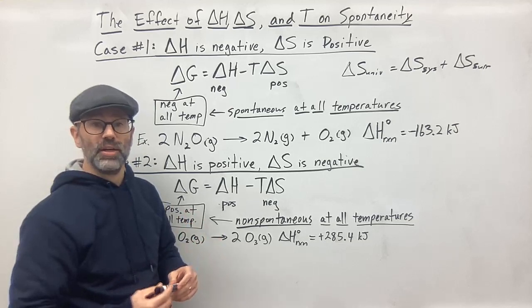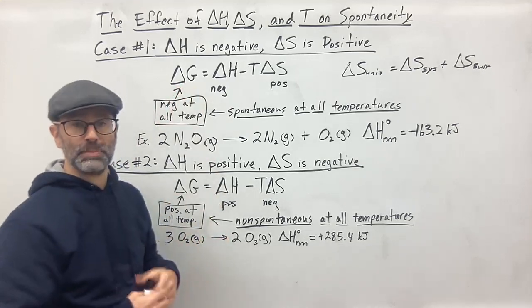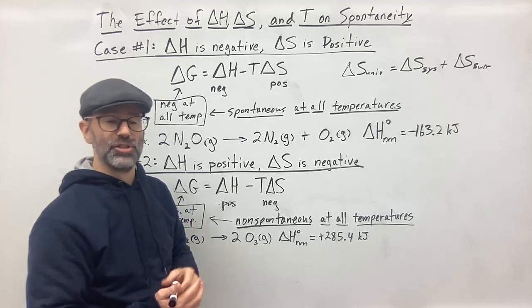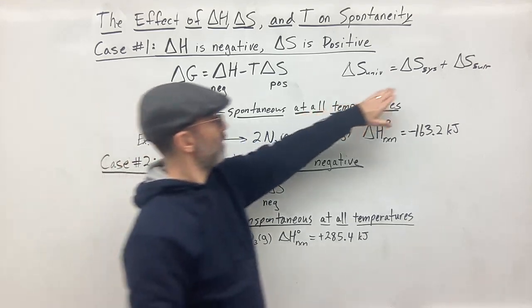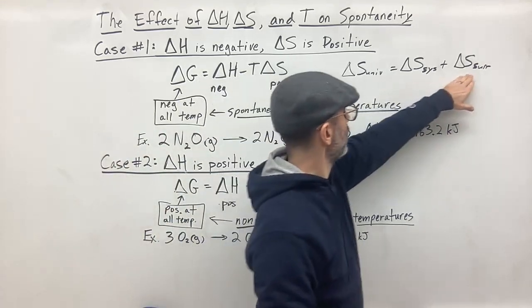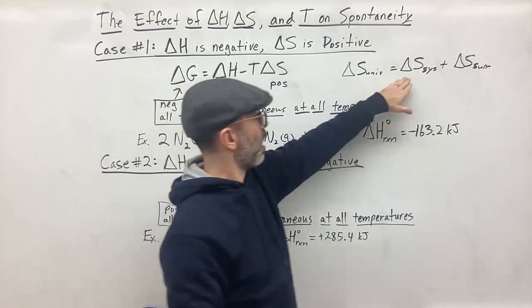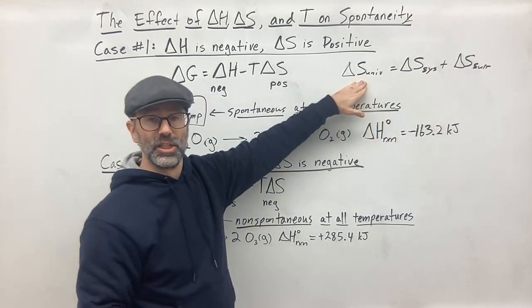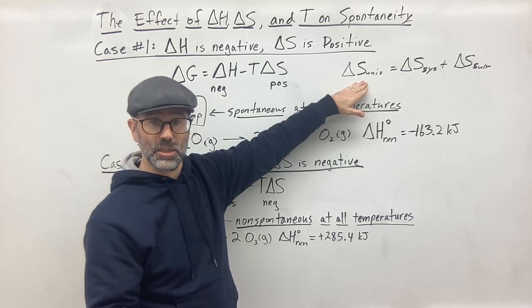And again, we know that the Gibbs free energy is proportional to the negative change in the entropy of the universe. So here, both of the entropies of the system and the surroundings are positive, they're increasing, which means that the entropy of the universe is increasing, which means that this is a spontaneous reaction.